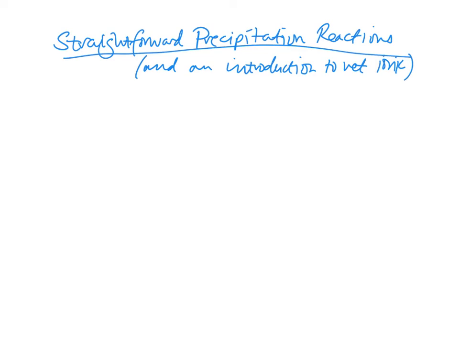So the first idea is dissociated ions that are, as I mentioned, just bouncing around in an aqueous environment. We talk about that as an aqueous phase.